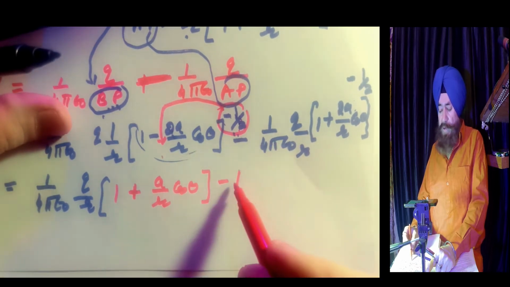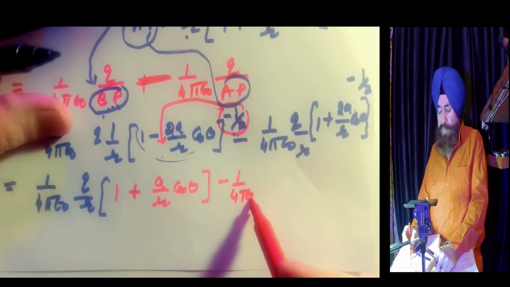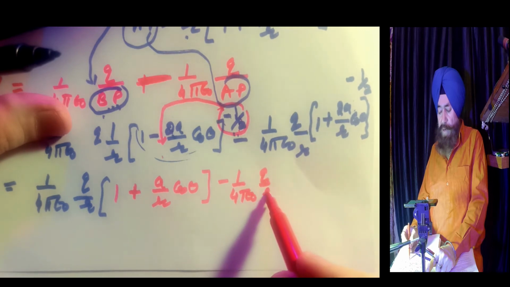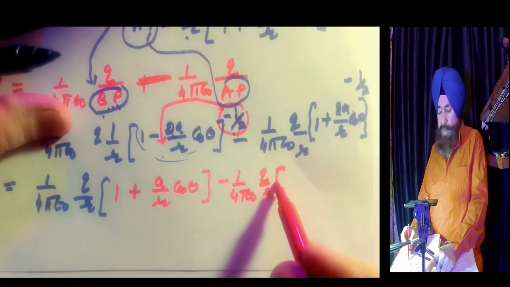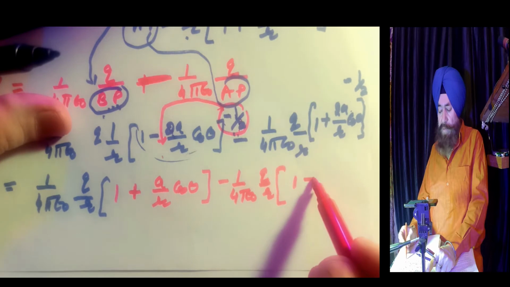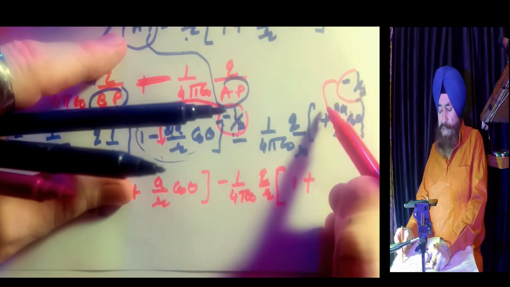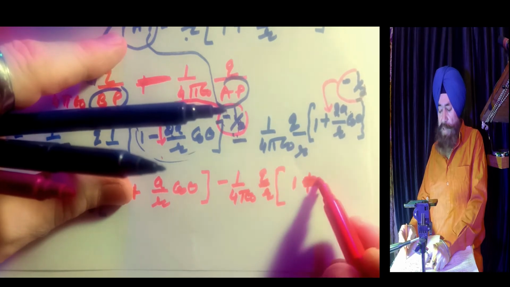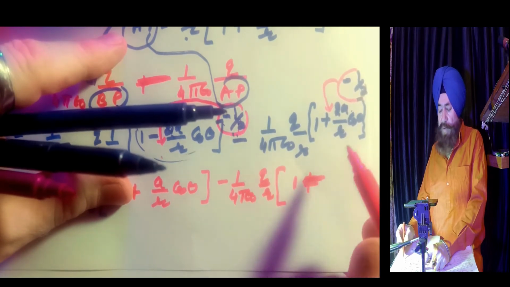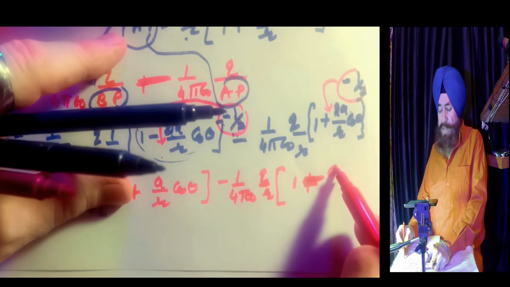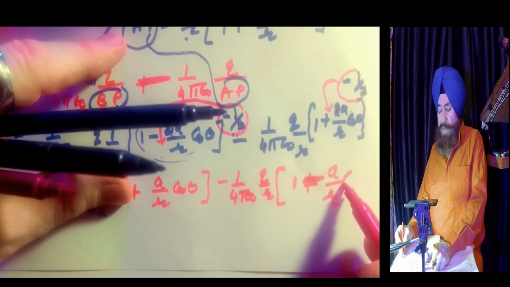And this constant q upon R, 1 plus, and this minus 1 by 2 comes here, so it becomes a negative sign, and 2 cancels: a upon R cos theta.